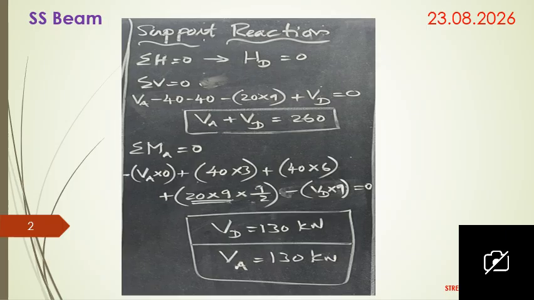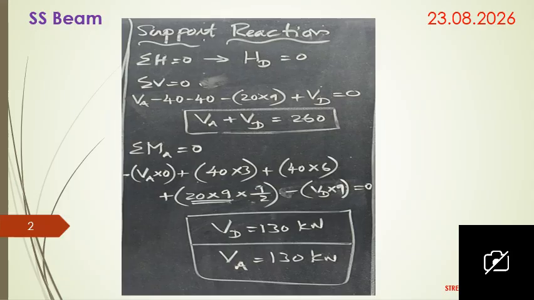Whatever forces you have written in the summation V equal to 0 equation, we have to multiply each force with the corresponding distance. Here we are taking the moment about point A. So VA is acting at point A itself, so the distance is 0.